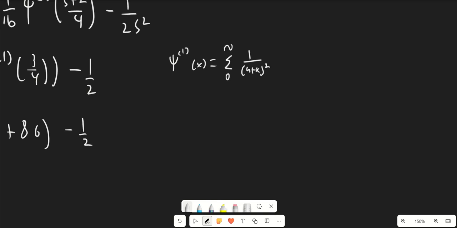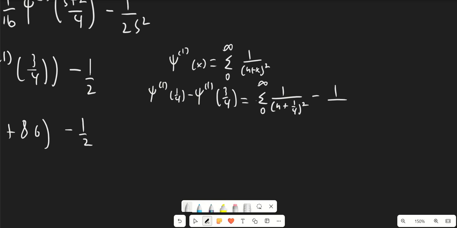So this means that our trigamma of 1/4 minus trigamma of 3/4, once we shift the indices in both these summations, we get the sum from 0 to infinity of 1 over (n plus 1/4) squared minus 1 over (n plus 3/4) squared, which is the same as 16 times the sum from 0 to infinity of 1 over (4n plus 1) squared minus 1 over (4n plus 3) squared.